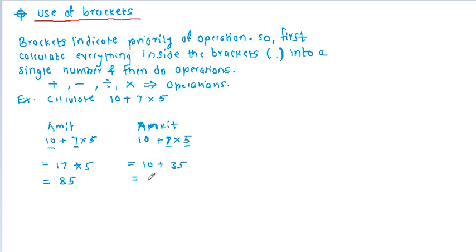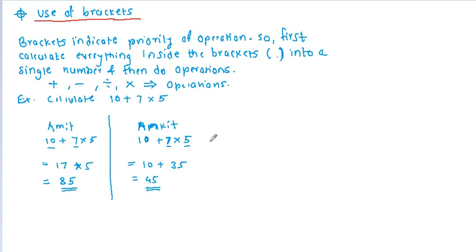So he wrote 10 plus 35, which is equal to 45. Both did the calculations correctly, but they used a different order of operations. Amit first calculated the addition, whereas Ankit first calculated the multiplication. So this way we get different answers.